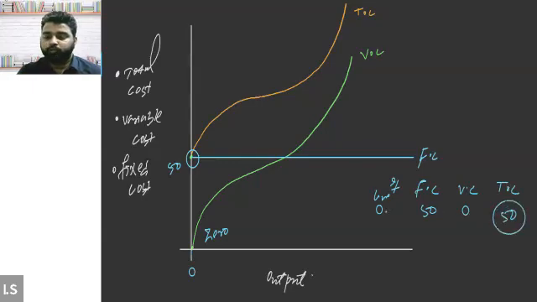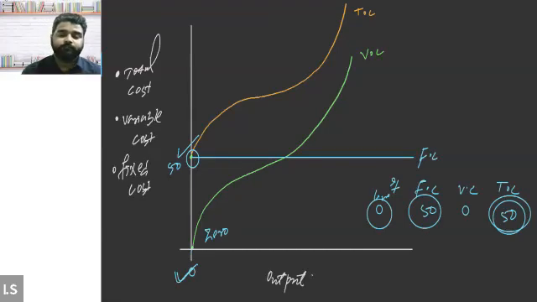Yeah. So you can see that at 0 unit of output, fixed cost and total cost are always equal. Therefore the starting point of the total cost, the variable cost and the fixed cost will also be the same diagrammatically. Is that clear now? Yes, clear. Okay.